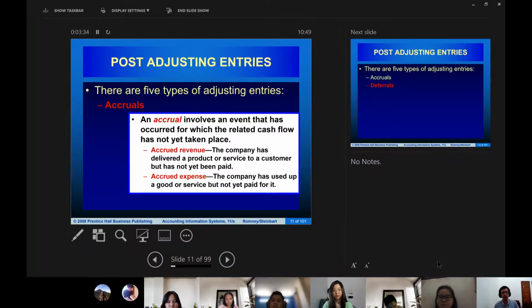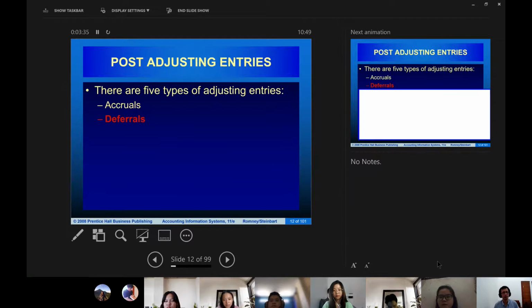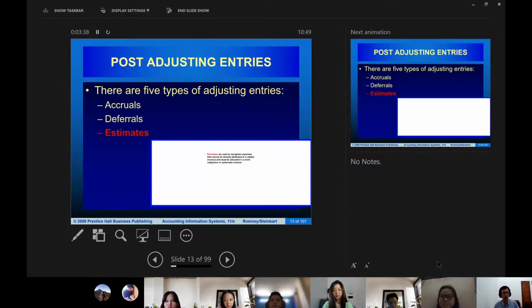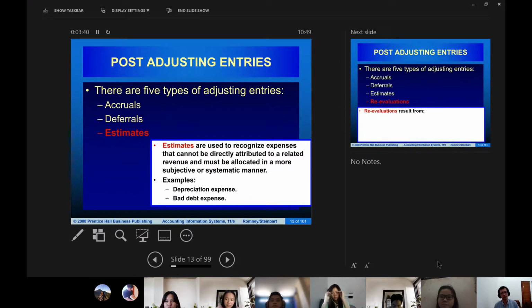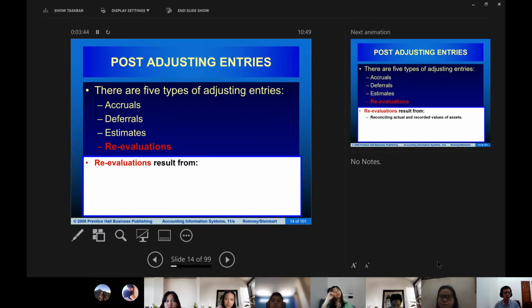Adjustments also include accruals, deferrals, and estimates. I will not, again, I'm not very good at this. Re-evaluation is quite interesting for me because in the 1990s, when I was studying accounting for the first time, re-evaluation was not a favorite. I mean, it was frowned upon.